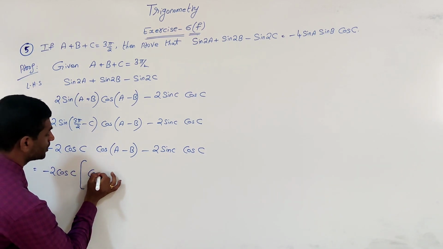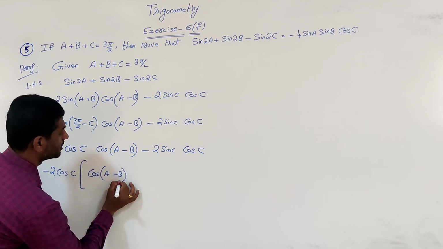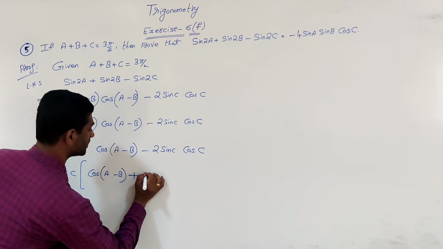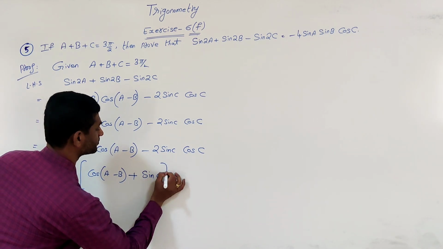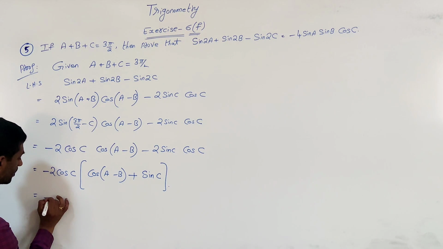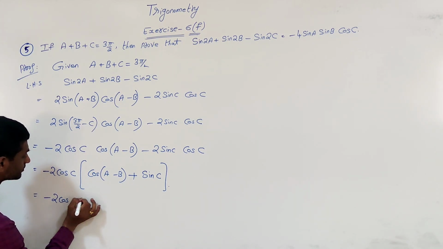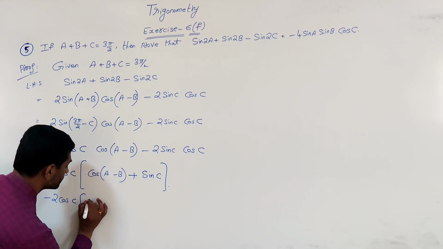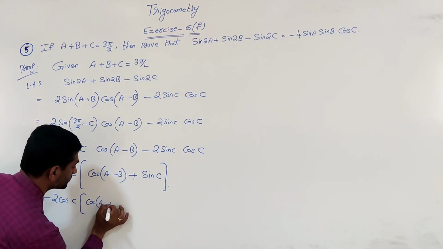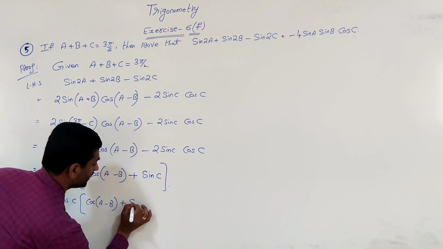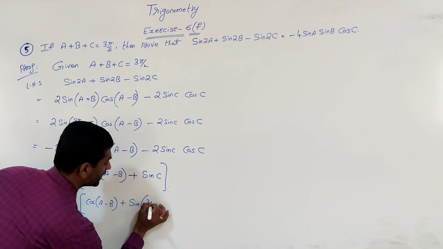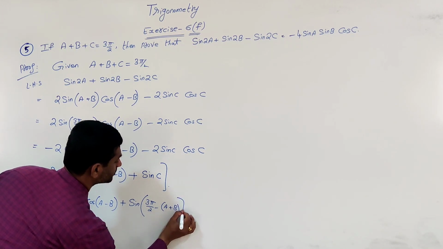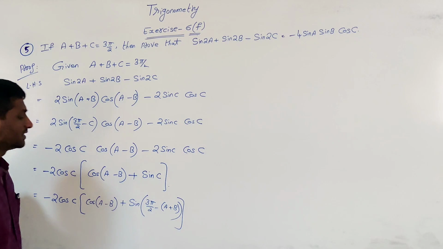Then it will be cos(A − B). Already the minus is taken out, so it will be plus, and the one term left is sin C. Minus 2 cos C times [cos(A − B) plus sin C], and sin C can be written as sin[3π/2 − (A + B)].